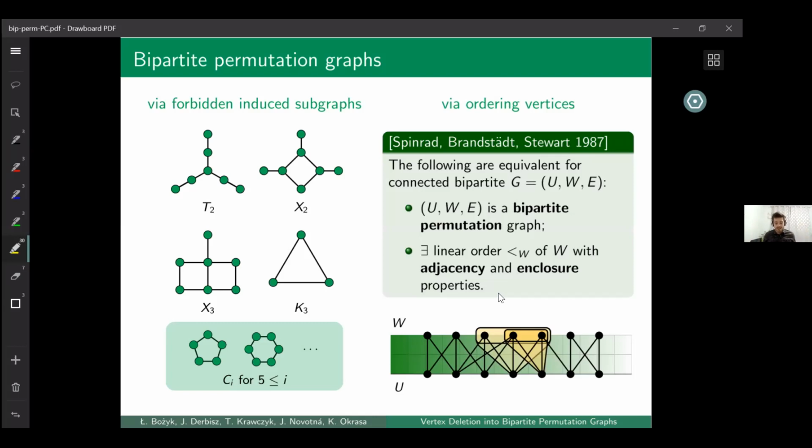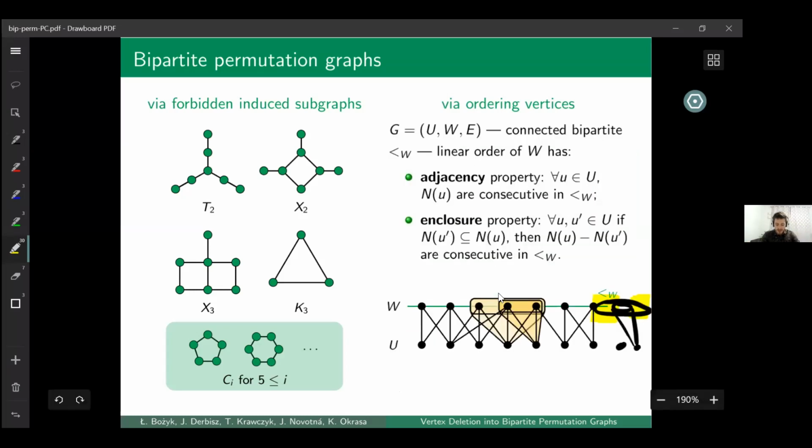And it turns out that those two are equivalent. It was proved in the late 80s. And this gives a nice variety of ways to tackle the graphs, via this ordering of vertices.